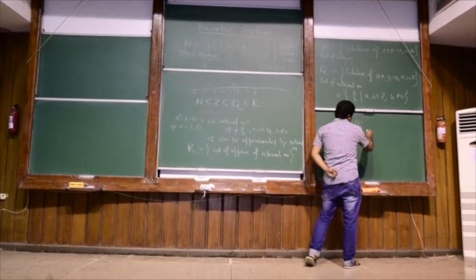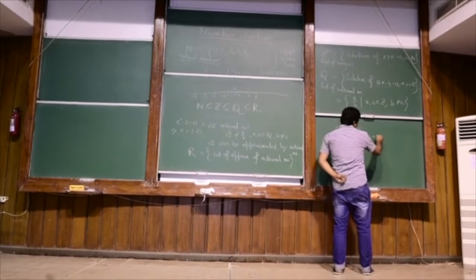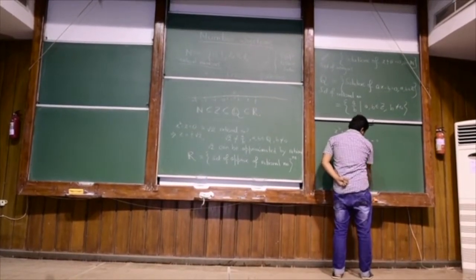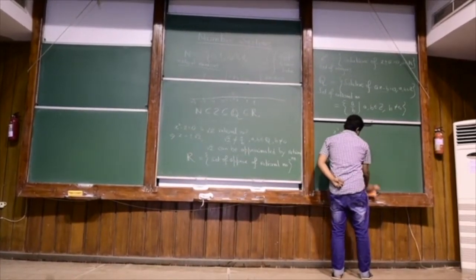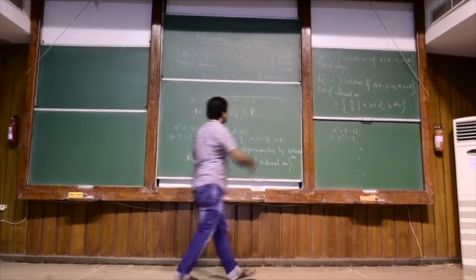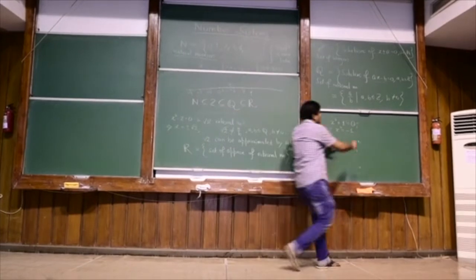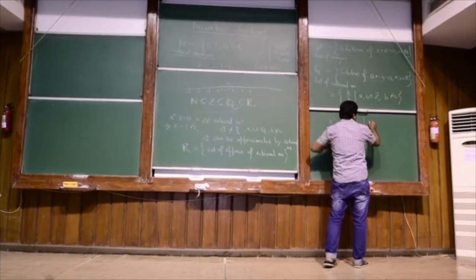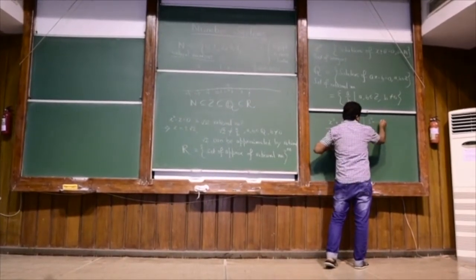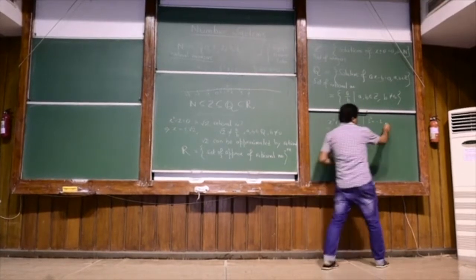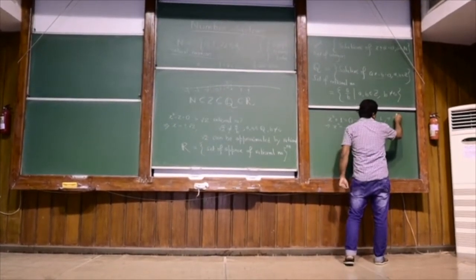So this solution does not exist in the real line anymore, right? So essentially you put a new variable such that i squared is minus 1. This means i to the power 4 is 1.